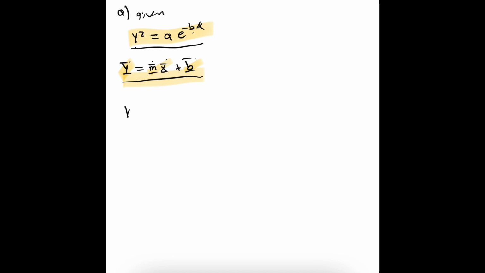We have y squared equals, we have this exponent term, so we need to get rid of that. And the way we're going to do that is we're going to take the natural log of both sides. So we'll take the natural log and get this function.